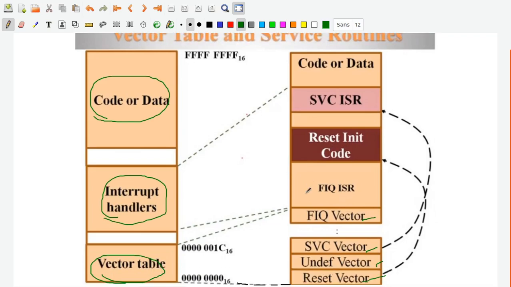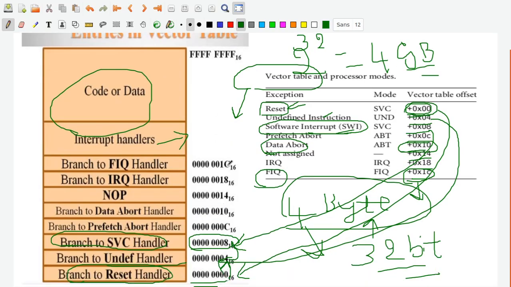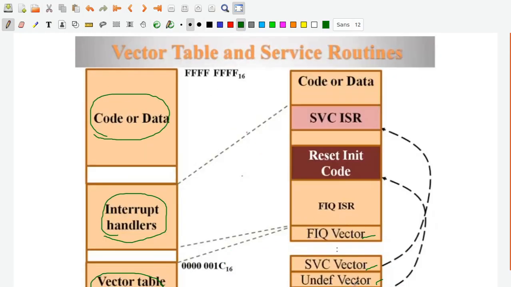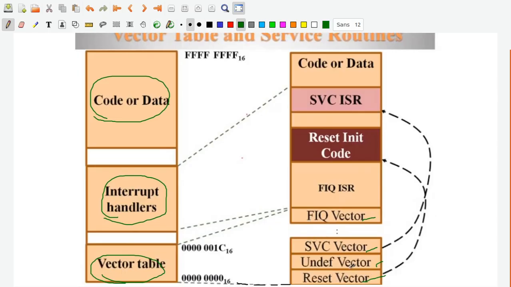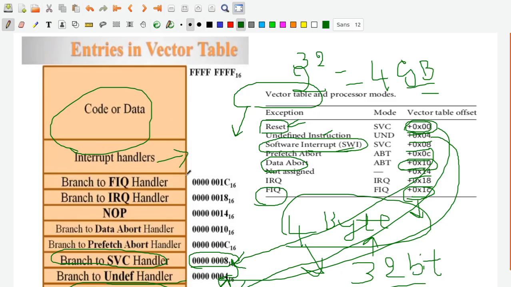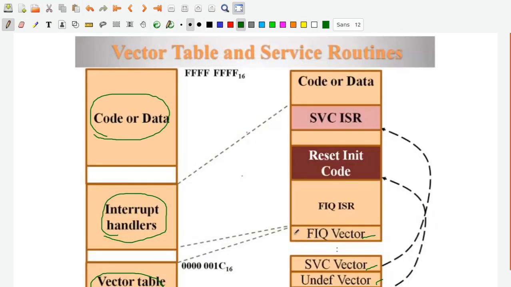Now, just observe what happens. See here, this is what has been written here, 00 to 1C. So you have a vector. Of course, you have some instruction here that we'll look into later. Now, you have reset vector, undefined vector, SVC vector, all those things. It is the same as this one that you have here, till here.